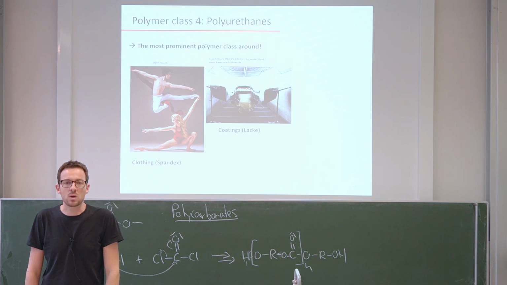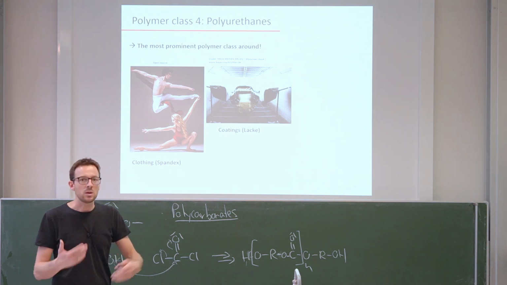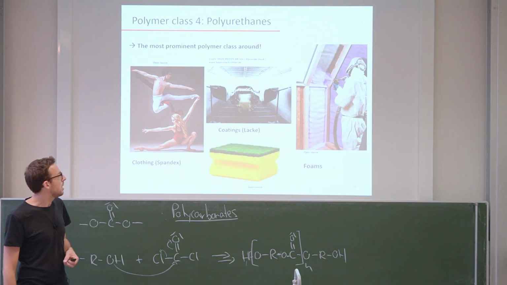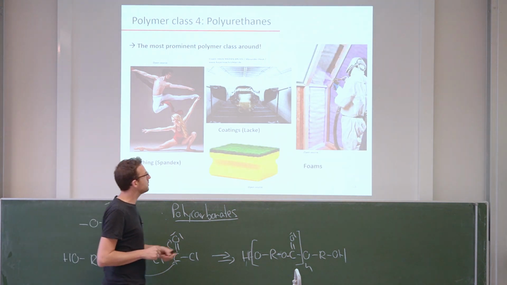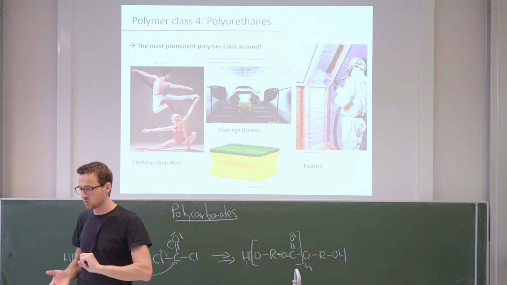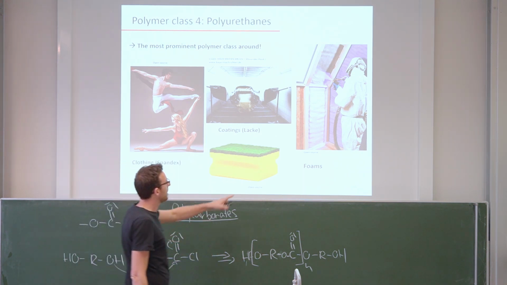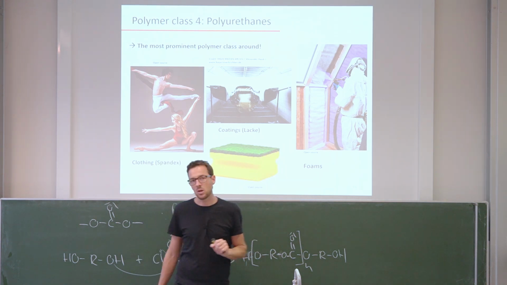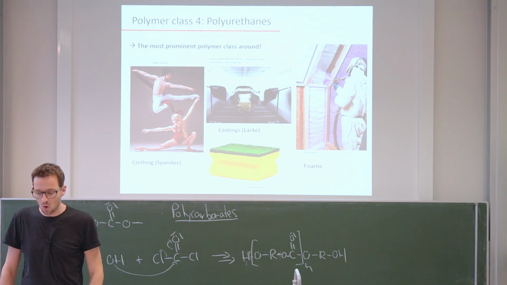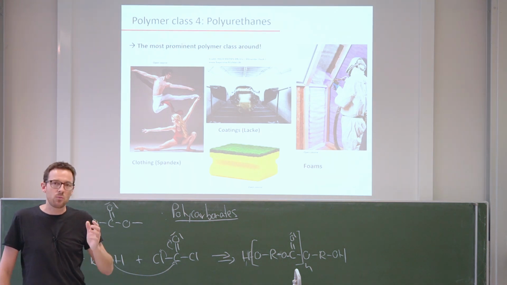If you paint your garden furniture, for example, this is all polyurethane-based polymeric materials, but also all kinds of foams, ranging from very simple dishwasher foams to insulation in construction materials, so construction foams. These are all made from polyurethanes.